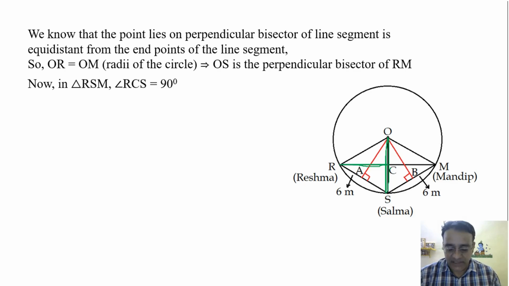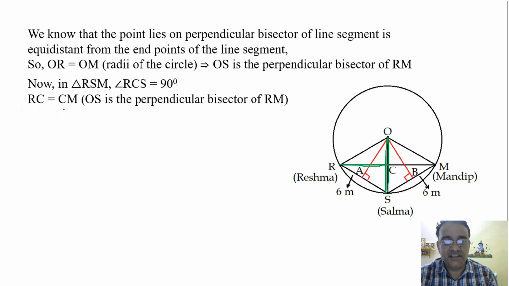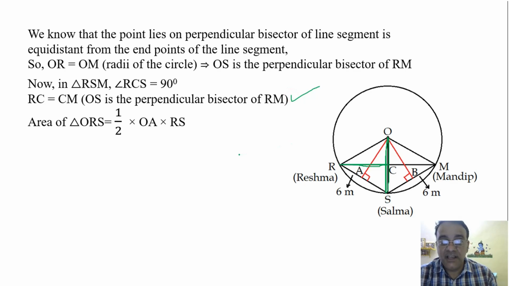Right. So in triangle RSM, angle RCS is equal to 90 degrees. So RC is equal to CM because OS is the perpendicular bisector of RM. Now area of triangle ORS is half into OA into RS.